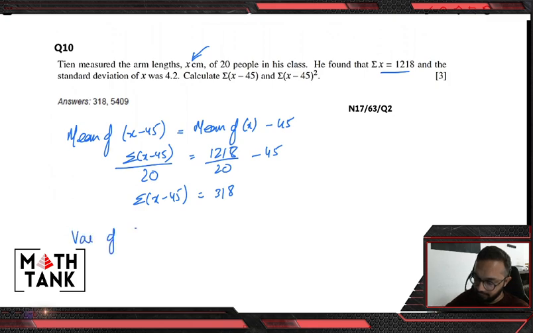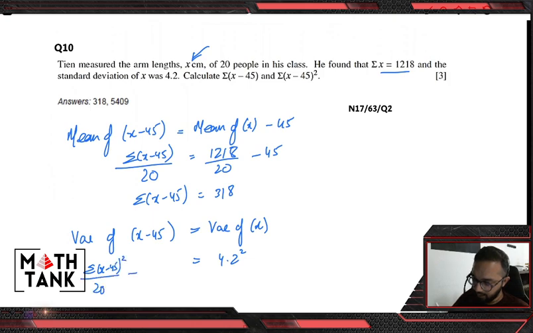For the variance of x minus 45, I'm going to write it as the same as the variance of x. That's 4.2 squared. The sum of x minus 45 squared is unknown, so it's the sum of x minus 45 squared divided by 20, minus the mean of these values, so 318 divided by 20 squared.